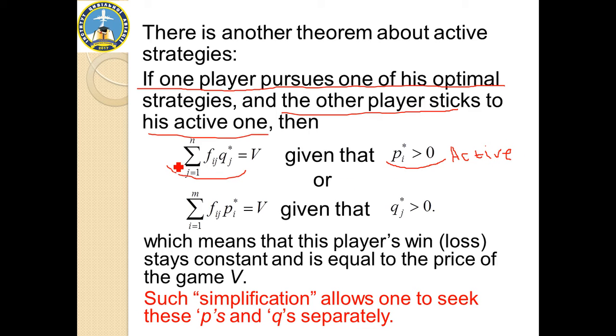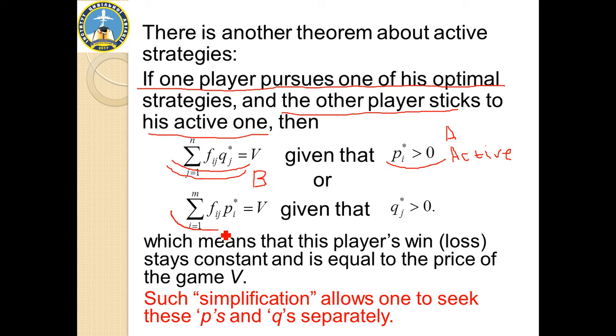So this is the payoff for player B. And player B can reach this price of the game, given that player A sticks to his active strategies. The same goes for the other player.